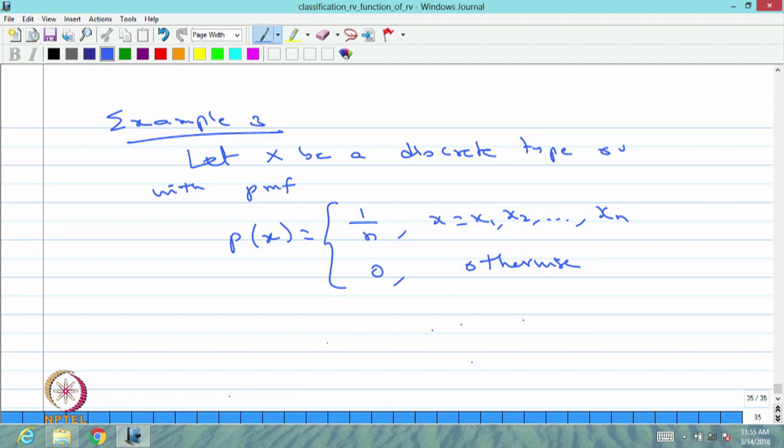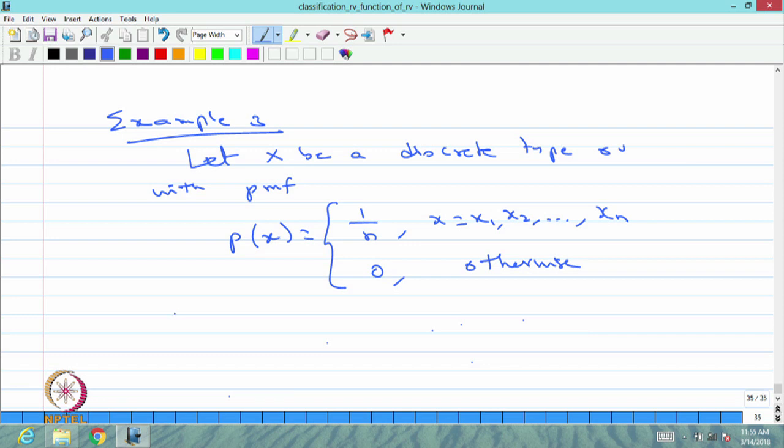So this is a probability mass function of a discrete type random variable with possible values x1, x2 and so on up to xn, and these could be positive values, negative values, or 0 also. Now we will find out whether the expectation exists for this one.